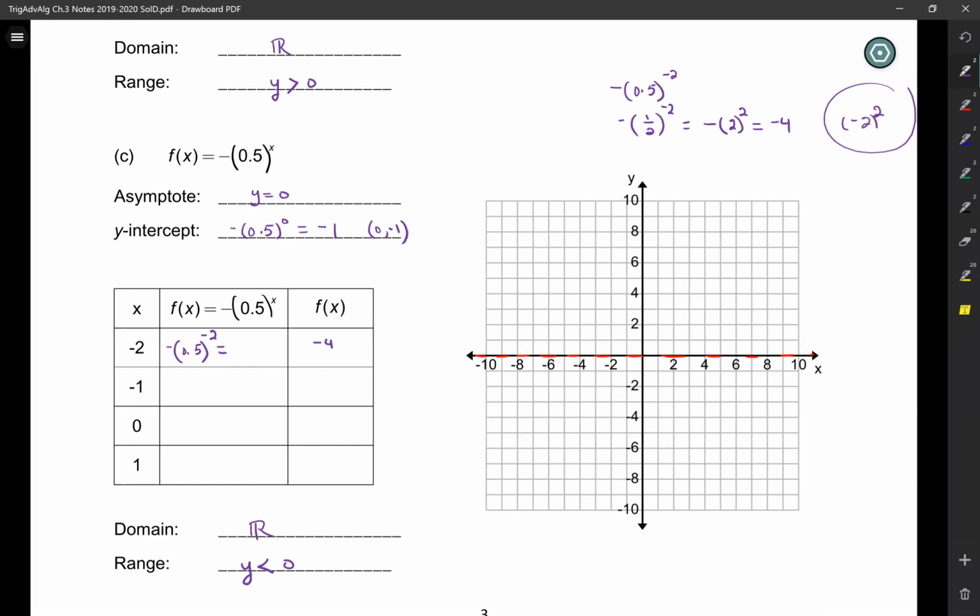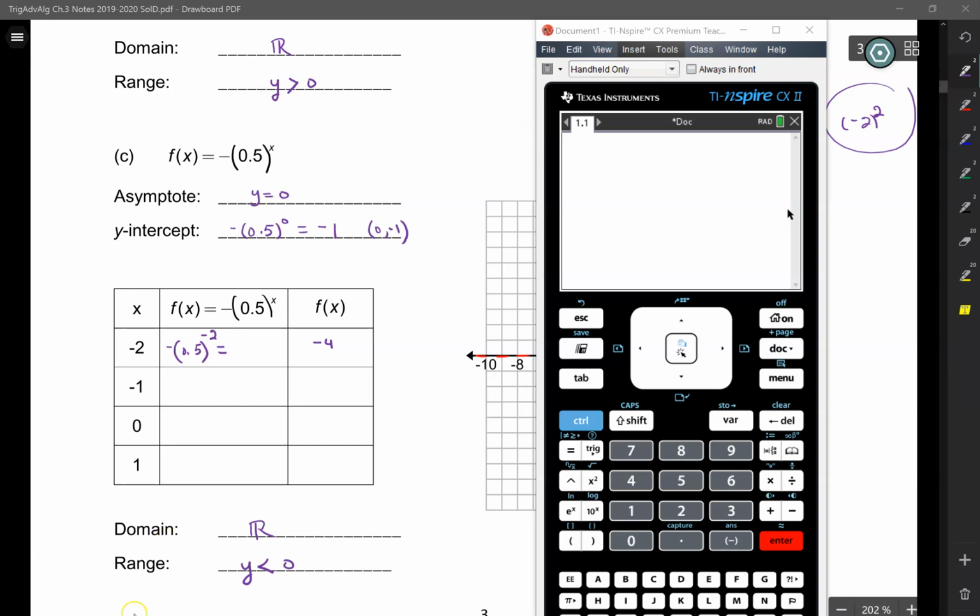Go ahead and take out your calculators for a minute and plug in the same one into your calculator. Here you can put this stuff in correctly, right? So it's negative 0.5 to the power of negative 2. Okay? So that's negative 4. And what do we get when we put in negative 1 for x?